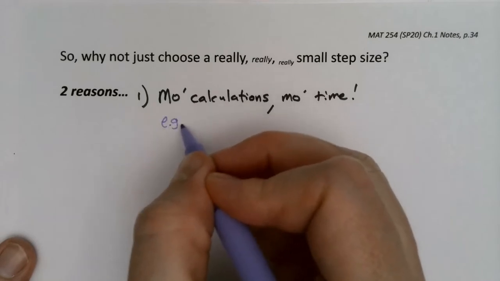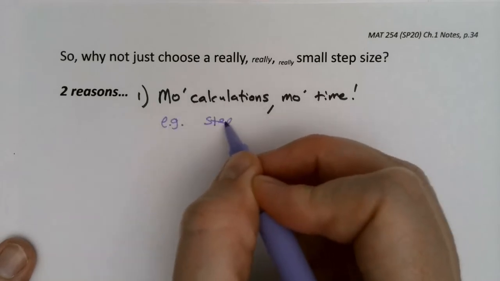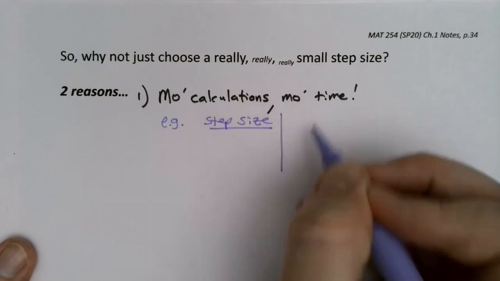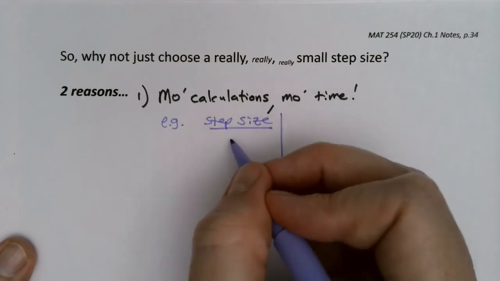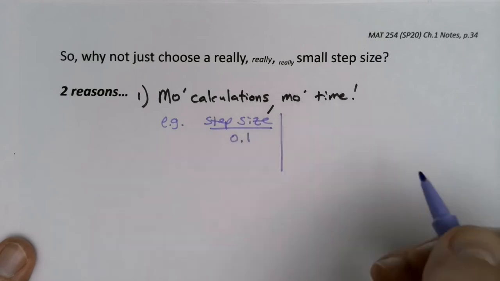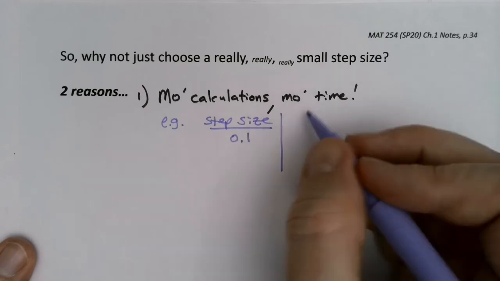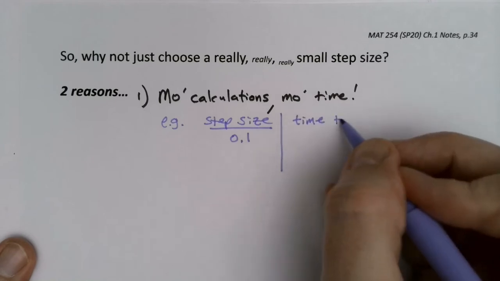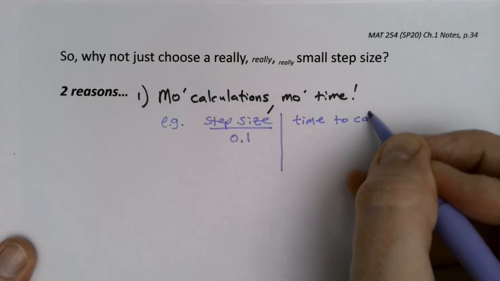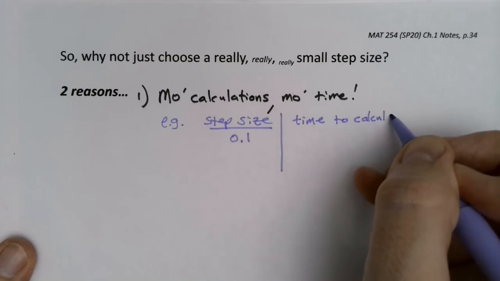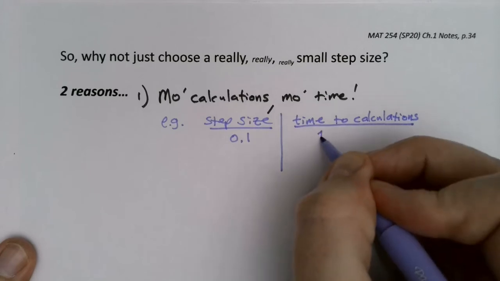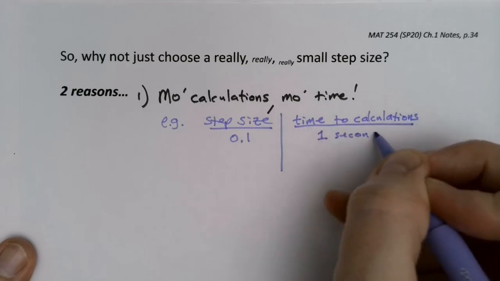Since we're going in the direction of having a computer or a calculator do this for us, let's just imagine, for example, that we wanted to take a look at a situation where we have a fixed step size. If you had a step size of something like 0.1, 1/10, and you find out that it takes exactly 1 second for calculations.